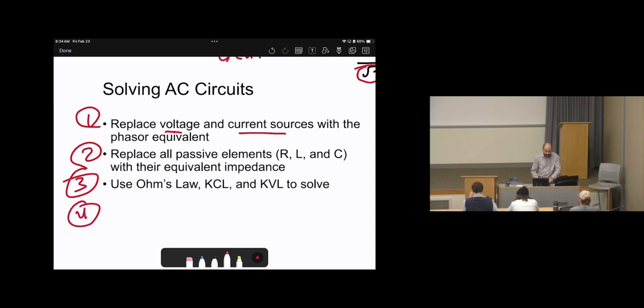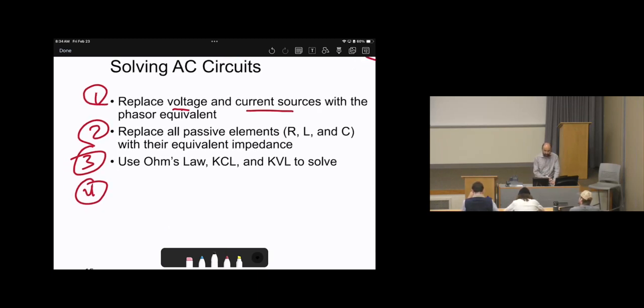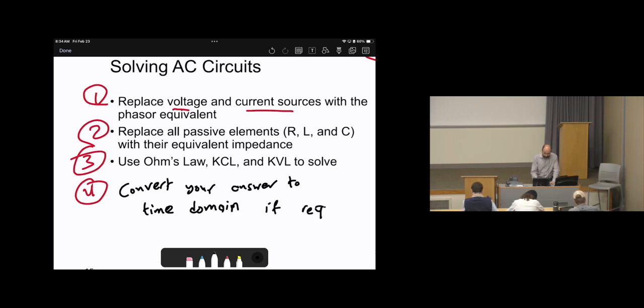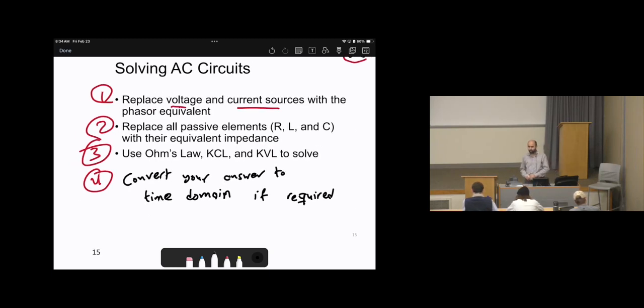Don't forget the last step, which is convert your answer back to time domain, if required. Sometimes in some practice problems you don't need to do it. But most likely the overall target is to convert it back to time domain. Okay? So that's the overall procedure.